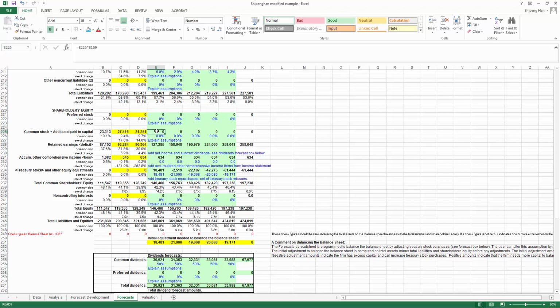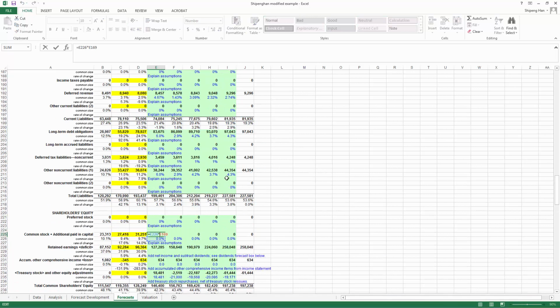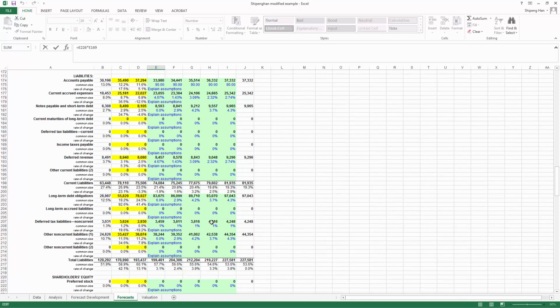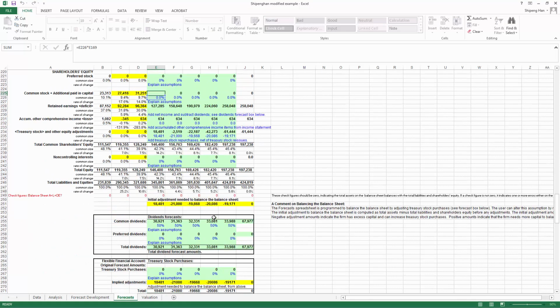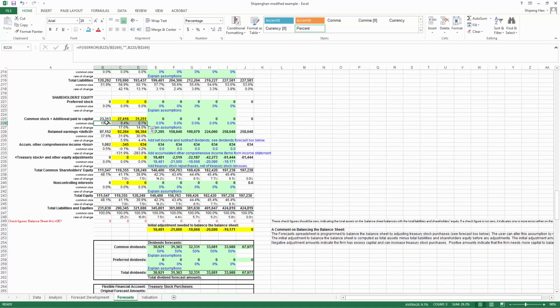If I click this cell, it is a percentage of E196, which is just total assets, right? So we should rely on the percentage of prior years. From 10.1% to 10.4%, then to 10.7%. It's quite stable, right? So we just pick an average of the prior 2 years, about 9.5 or 9.6, 9.5.